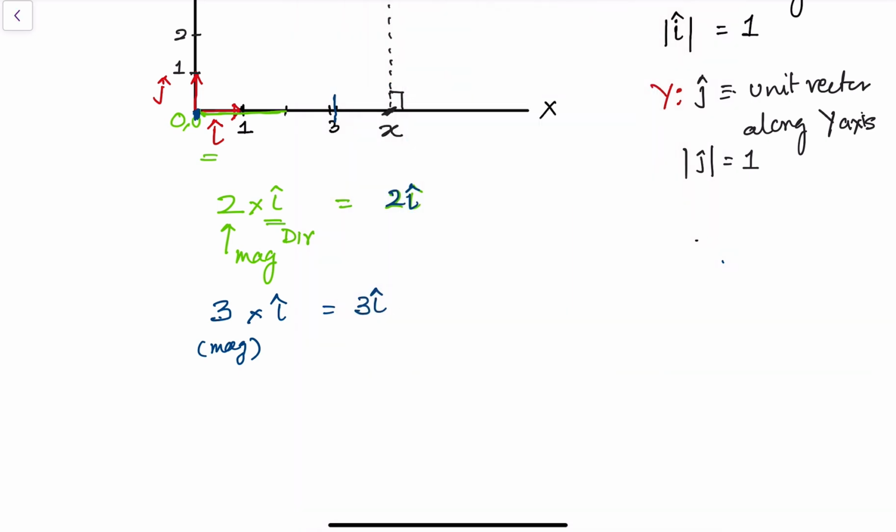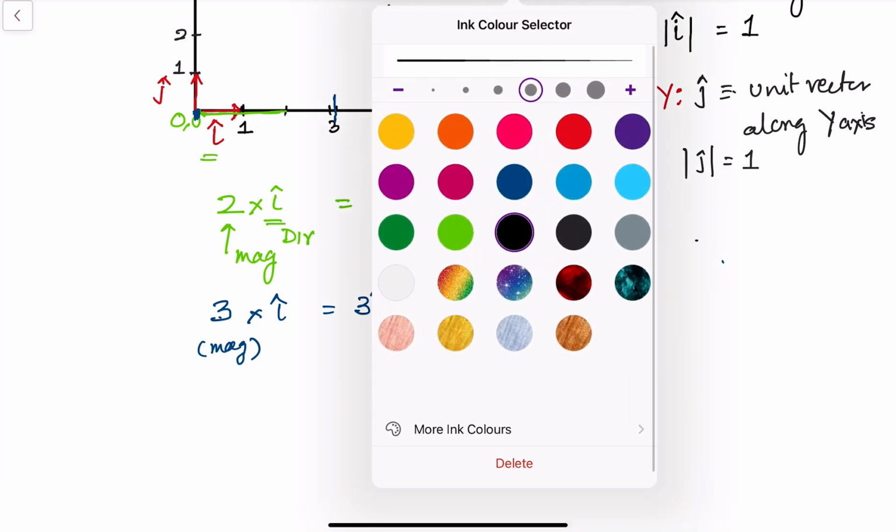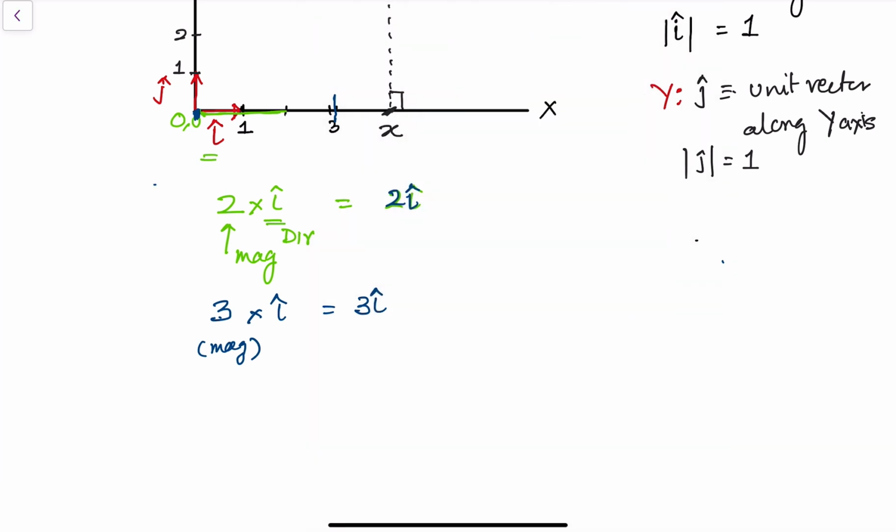I want a vector whose length is starting from the origin, goes all the way till x here. I want a long vector. So how do I represent the vector now? X into I cap. So x into I cap, which I can now write as x times I cap. Okay, so this is one vector.